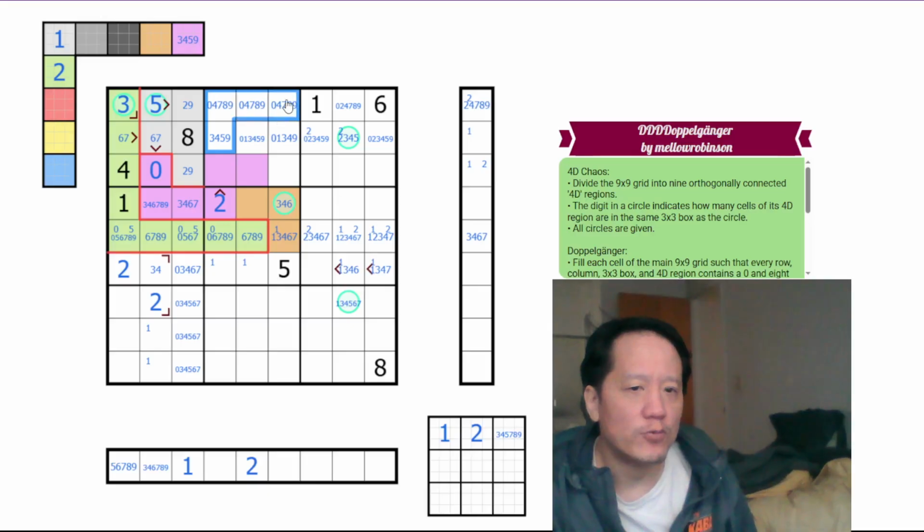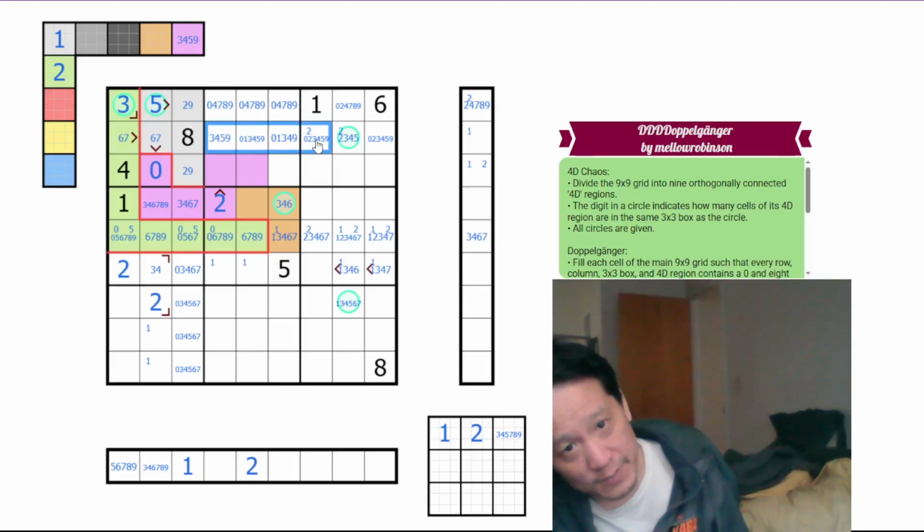Obviously, we need 4 more for the lights. It cannot go there. Oh, that's a little problematic. We need 4 in the light region, and this can't be 4. I guess it could do something like that.